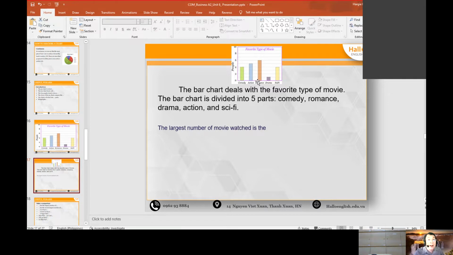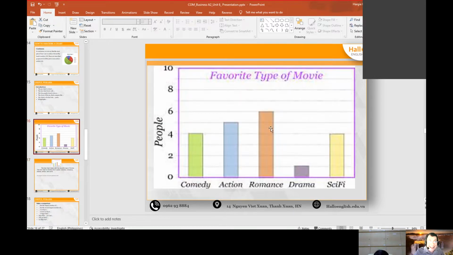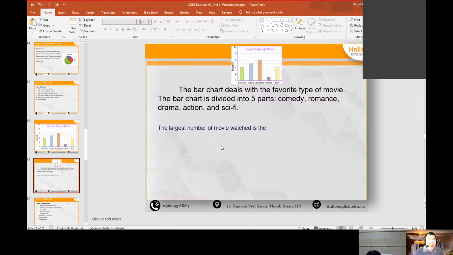So what's the largest type of movie watched? Is it the comedy, action? Going back, the romance. Yes, because romance has 6 people. So what are we going to do with this?